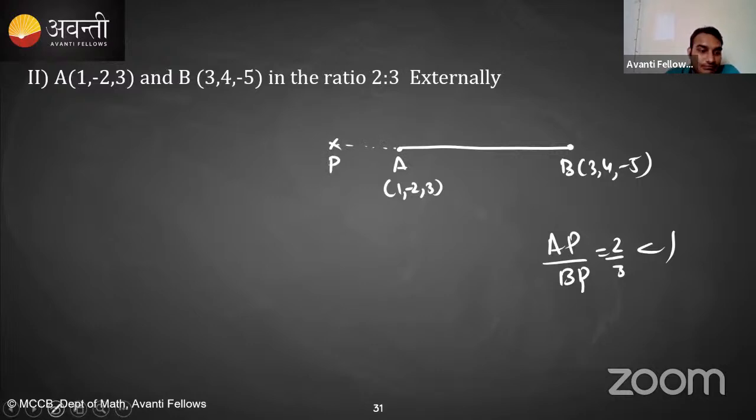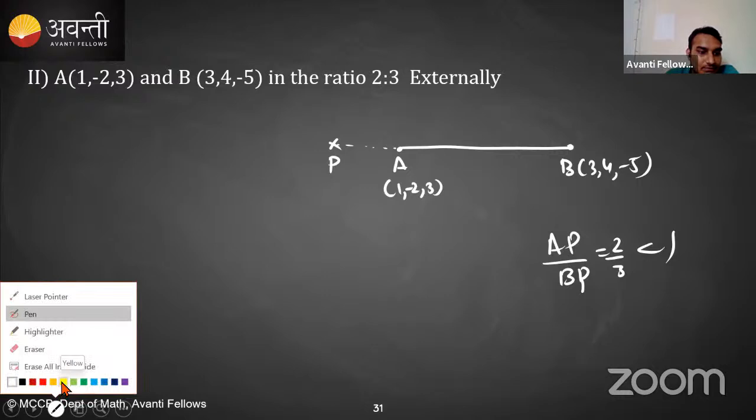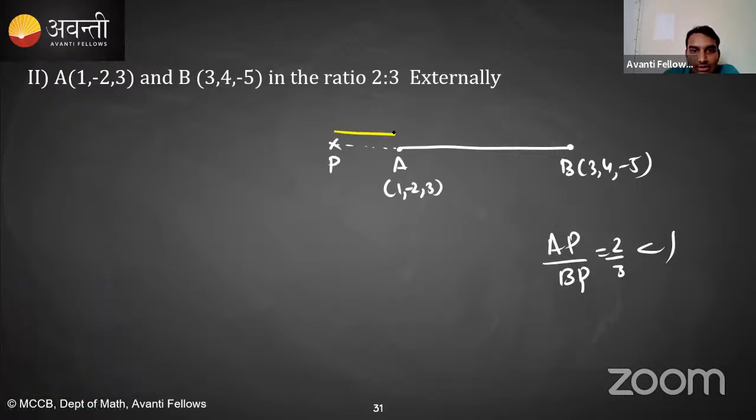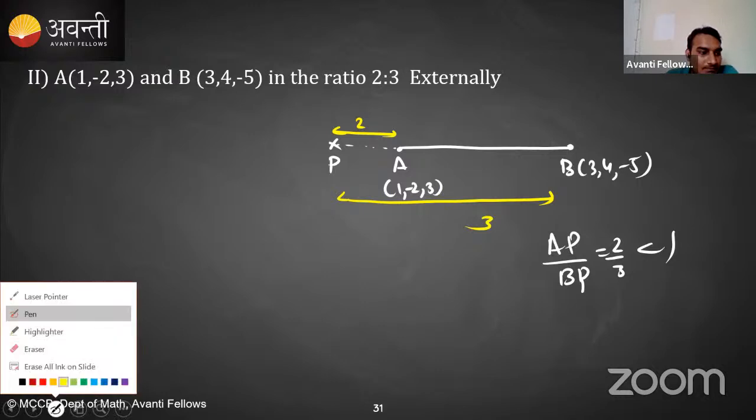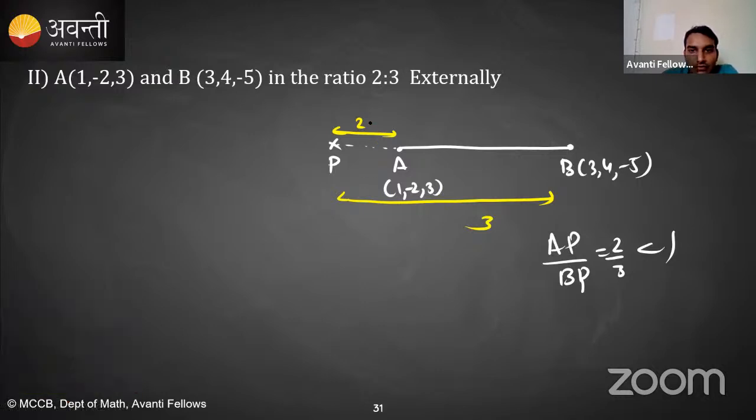Is this clear? So this is 2 and this is 3. 2 will get multiplied with B, since 3 is near to B, so 3 will multiply with A, and put the minus sign in between.